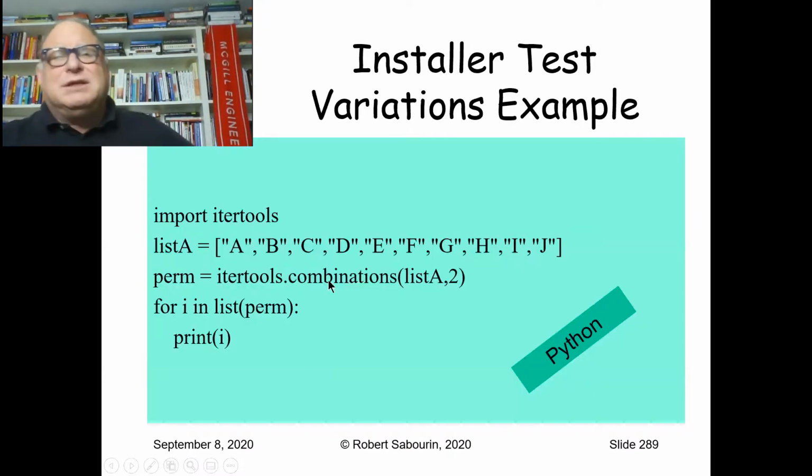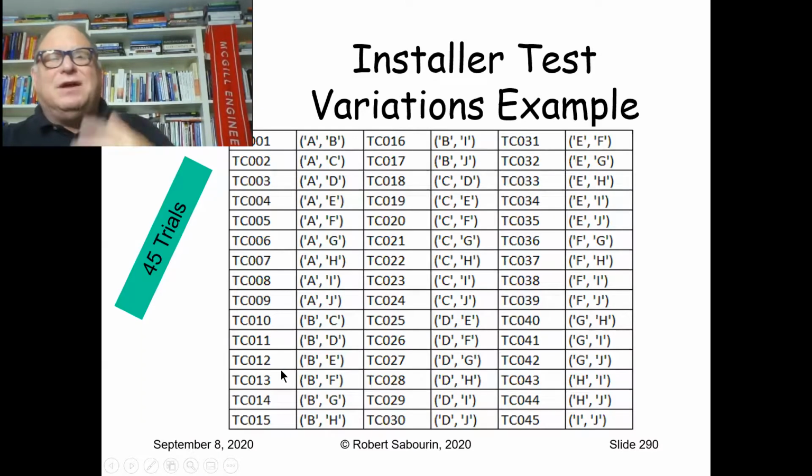Let's make our list. There's the 10 options to choose from, and then we're going to pick 2, and that will give us 45 trials. Everything that's not listed here is default, and these are the 2 we vary. So in 45 tests, we may have very thoroughly tested all the practical installer combinations for the system.